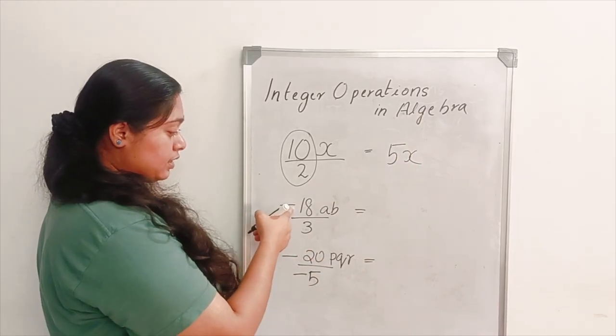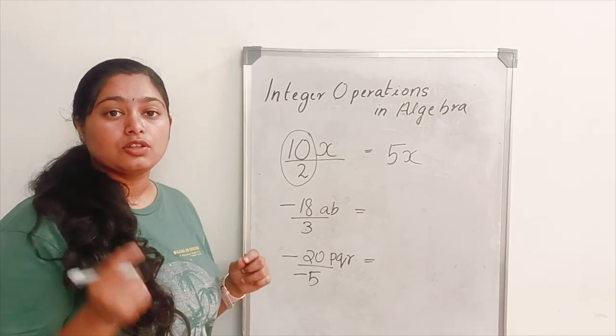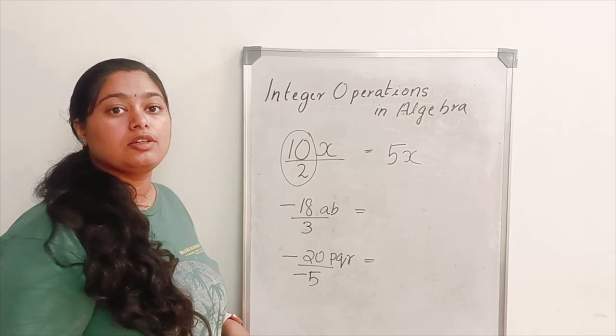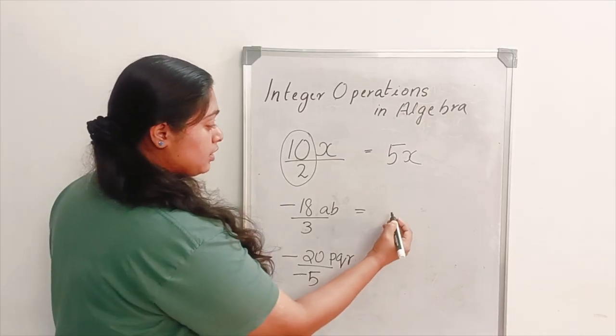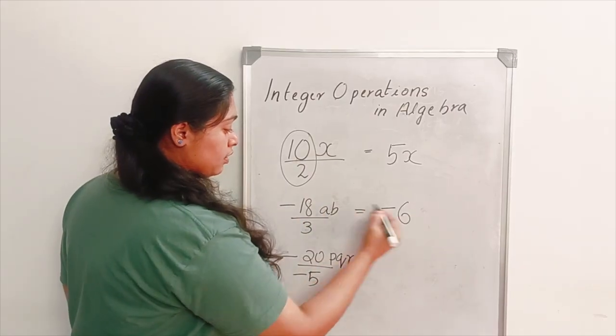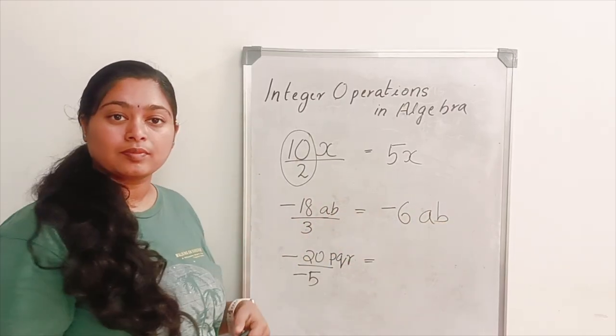Second one, there's a negative 18 on the top divided by positive 3. So if you remember our rule, if there is one negative, let it be in the numerator or in the denominator, it doesn't matter. The answer will have a negative, and 18 by 3 is 6, and the variables remain the same, ab.